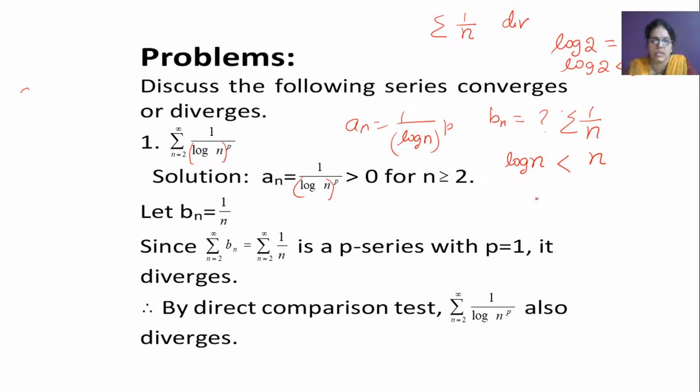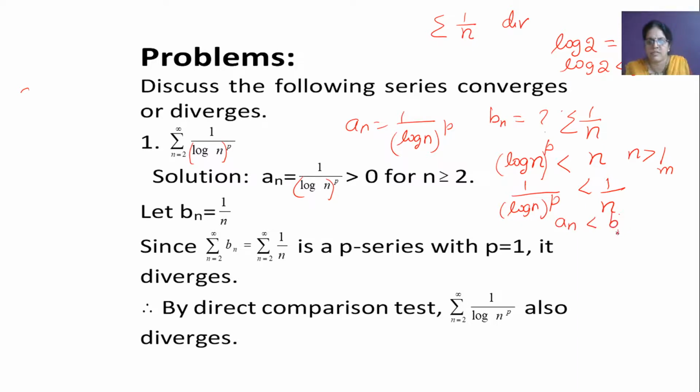Therefore (log n) power p is also less than n for n greater than 1. For example, n is 2 here, and this holds for every n greater than m. So taking the reciprocal, 1 by (log n) power p is less than 1 by n. So this is an and this is bn.